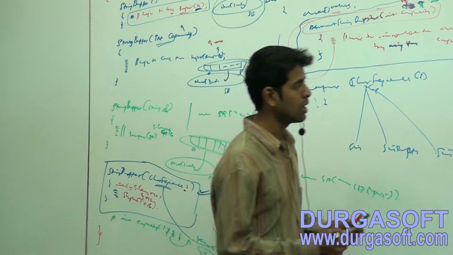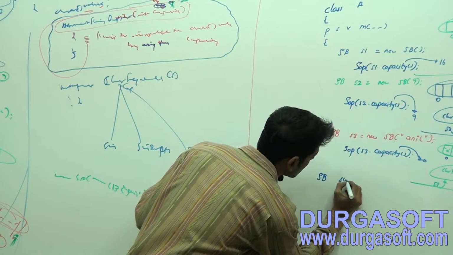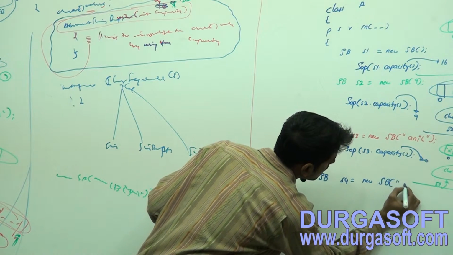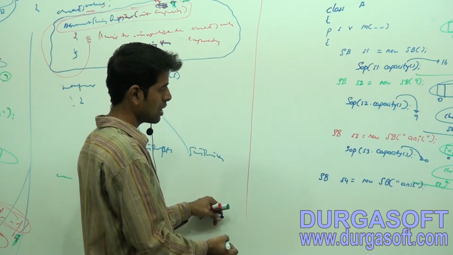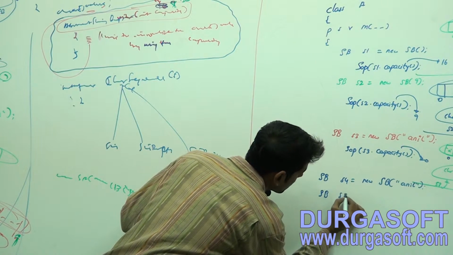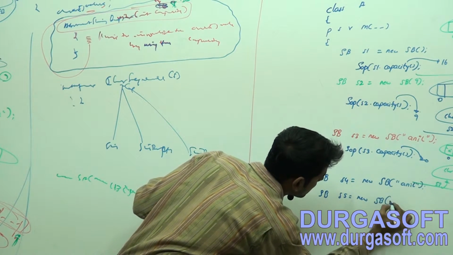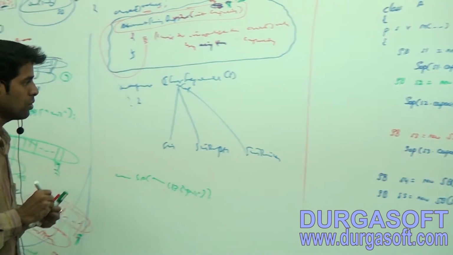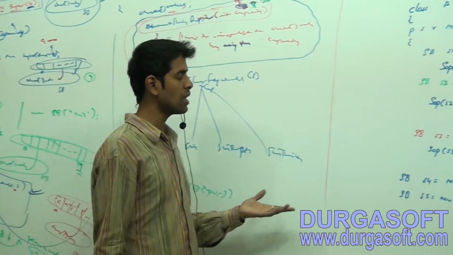Now let me create a StringBuffer object as Anil. What happens here? Now I'm going to call the StringBuffer class constructor having a CharSequence argument.